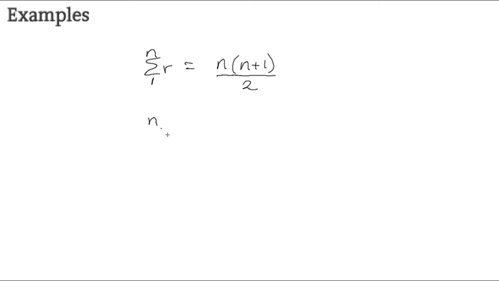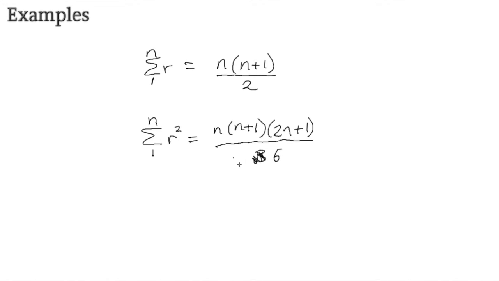Then we have the sum from 1 to n of r squared. This one is not very obvious at all. We have n times n plus 1 times 2n plus 1 all over 6. We have proven this by induction before.